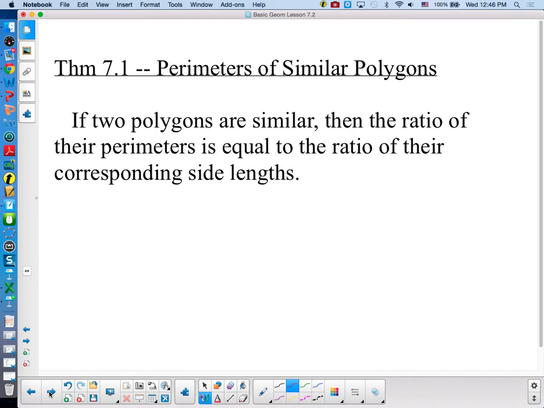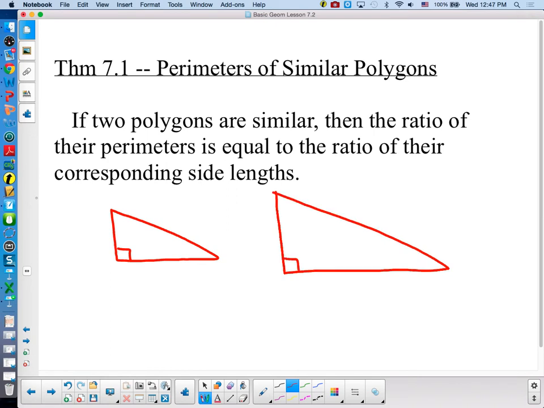Let's set up an example to go with that. Okay, so what's the ratio of the sides?